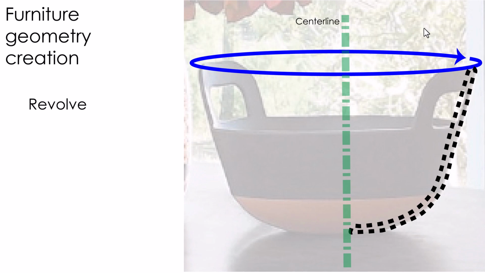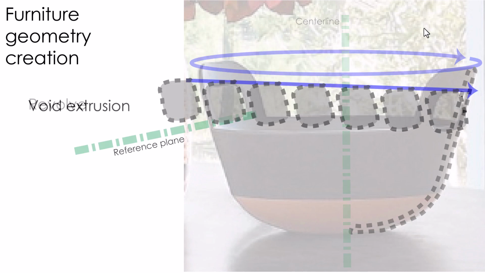Revolves are great for things like bowls and plates and whatnot. They're quite simple, and again, you're only drawing really half of the model, or really just a profile of the model, and sweep it along a curve, goes around the center line. Quite simple. Now what do you do for the handles?